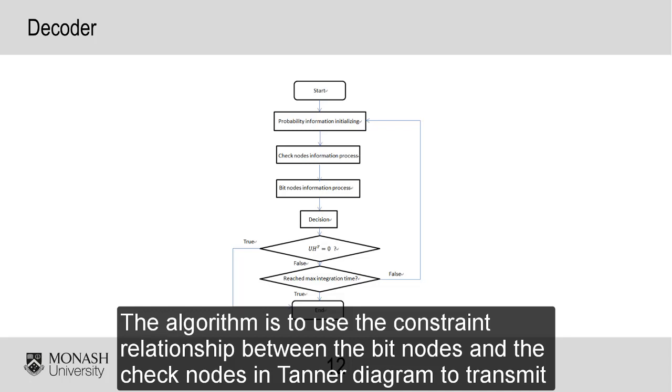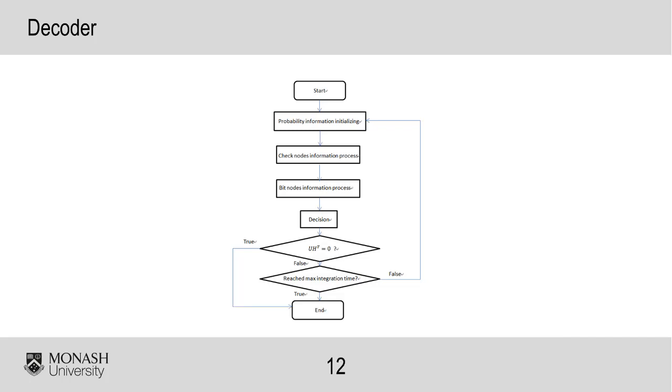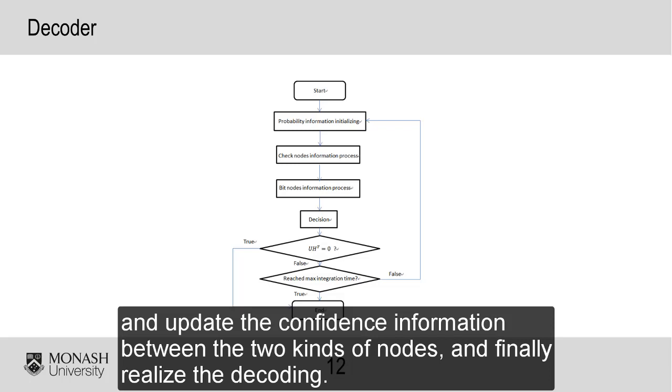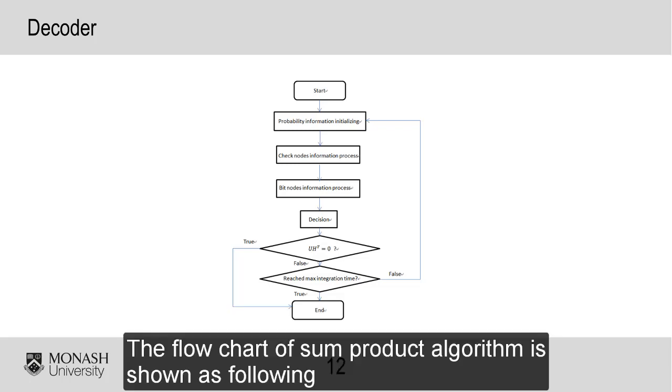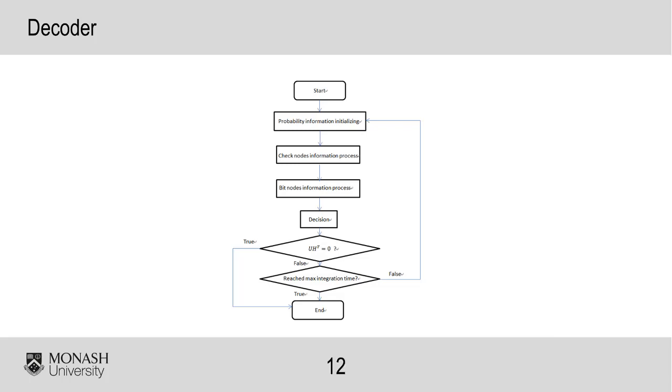The algorithm is to use constraint relationship between the bit nodes and the check nodes in Tanner diagram to transmit and update the confidence information between the two kinds of nodes, and finally realize the decoding. The flowchart of the sum product algorithm is shown as following.